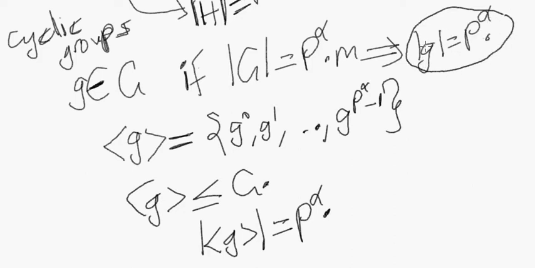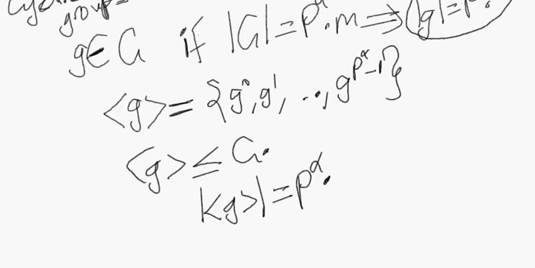So again, this sounds like a mouthful, but if we can find an element of the group that has order p to the alpha, doesn't that mean necessarily that we have a subgroup of order p to the alpha, right? And we're done, right? So given this information, perhaps that's the first point of attack. Can we find an element of the group that has order p to the alpha, right?